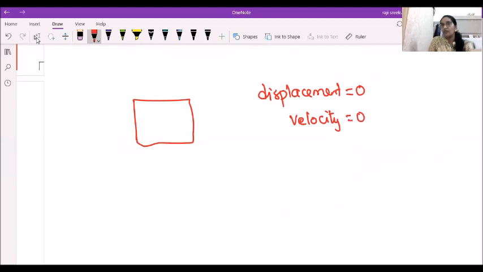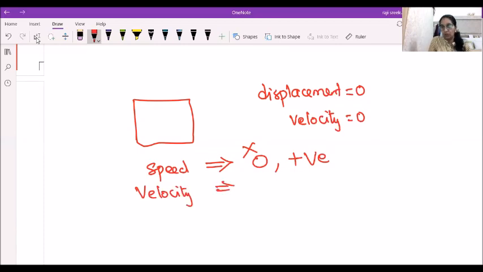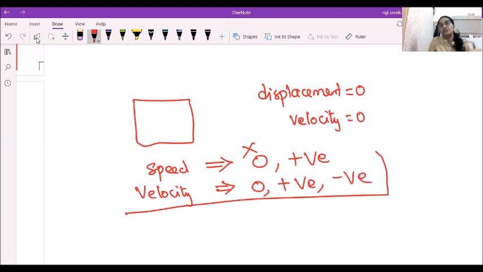The same way velocity can also be negative. Speed, when it is moving, never becomes zero, it is always positive. Velocity can be zero, positive and negative. So this is the difference between speed and velocity.